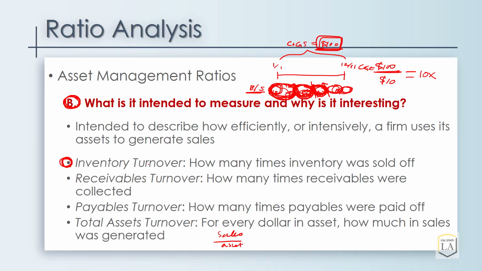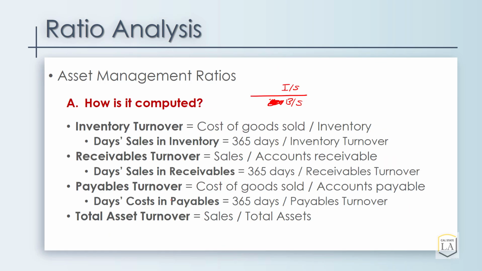Once you understand that these turnovers are indicating the cycles, you're ready to understand what days sales in inventory and days sales in receivables would mean. Throughout the year, let's suppose you sold off your inventory 10 times. Then on average, how many days did your inventory sit in your warehouse?